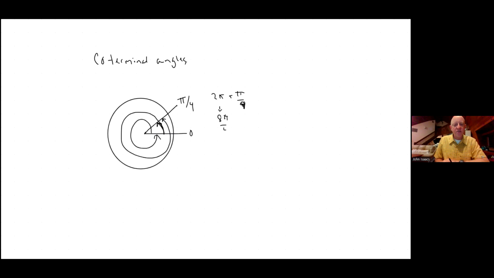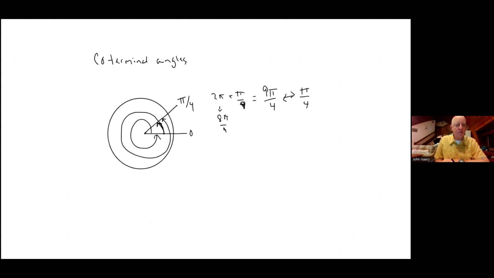So this new angle, going around the circle once and then going to pi over 4, might be known as 9 pi over 4. 9 pi over 4 is coterminal to pi over 4. They are actually referencing the same location. They get there a different way, but they're referencing the same location.